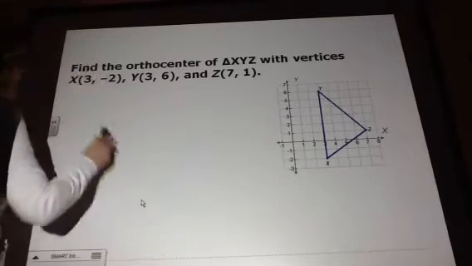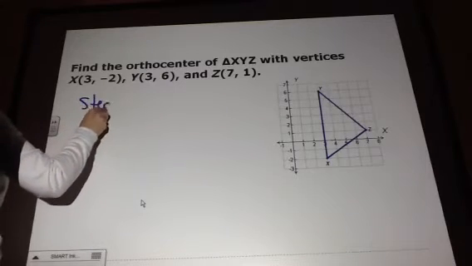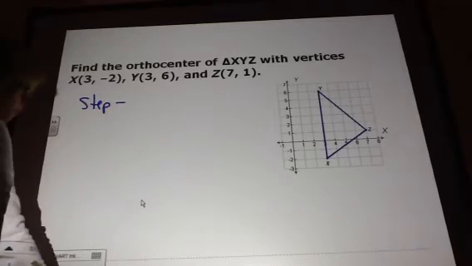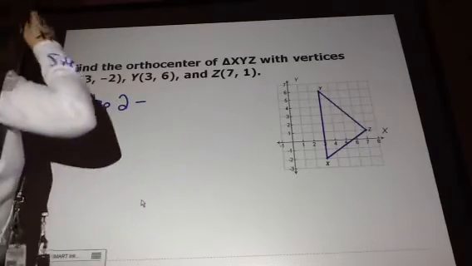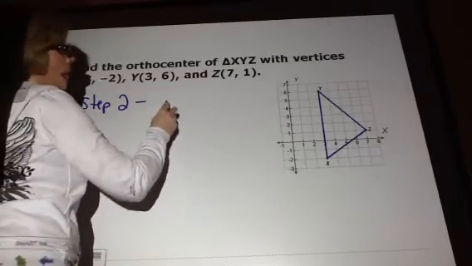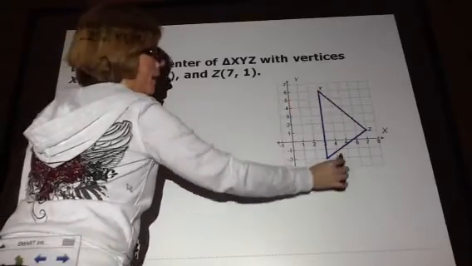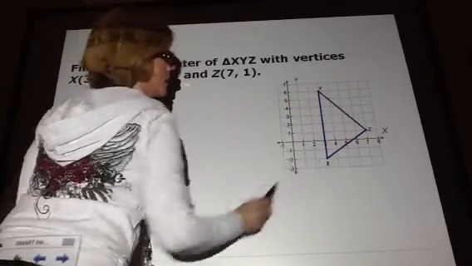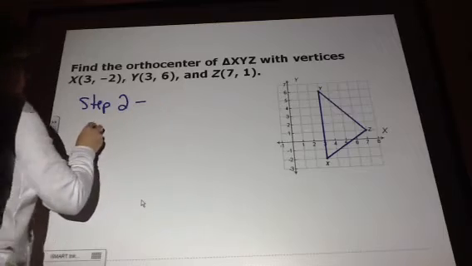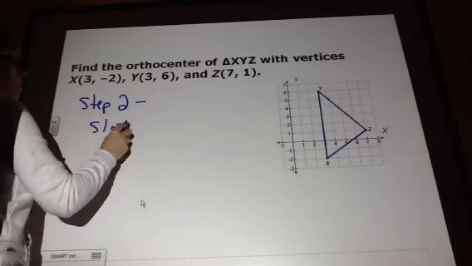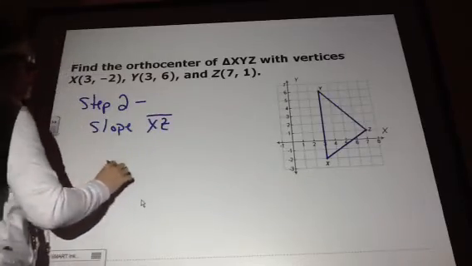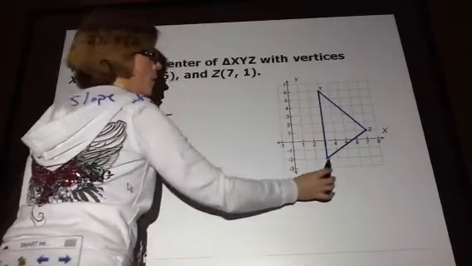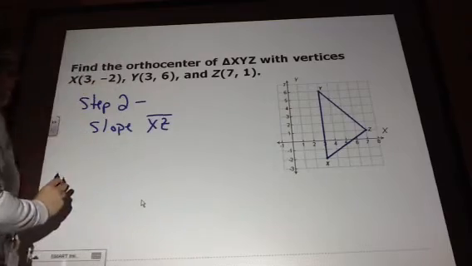Okay, so we're going to go back to step 2, where we were talking about slope, and let's look at another altitude here. I'm going to look from point Y to segment XZ. So I need the slope of XZ so that I can find the slope of the line through Y that is perpendicular to it.